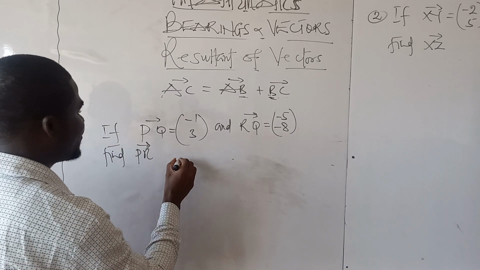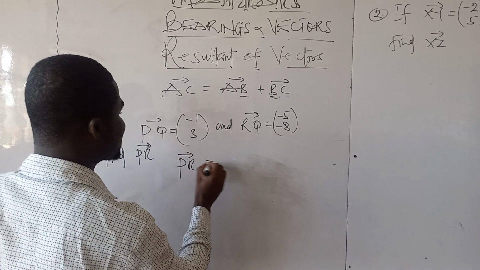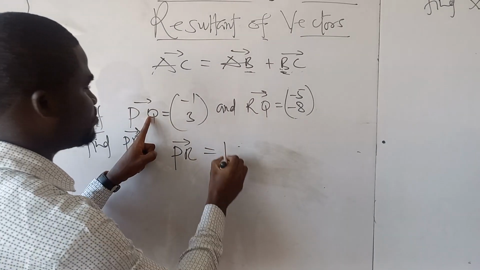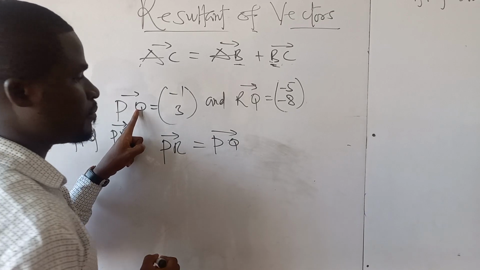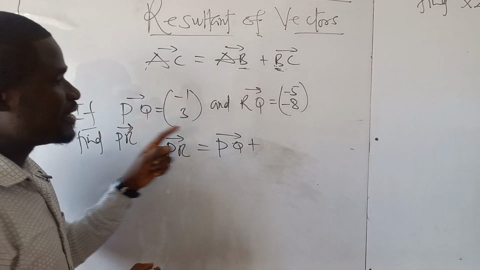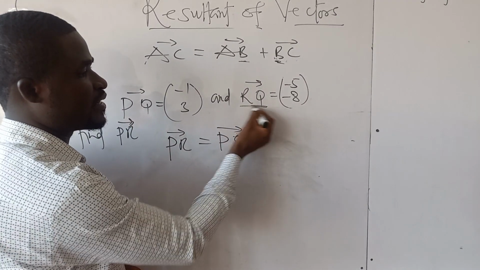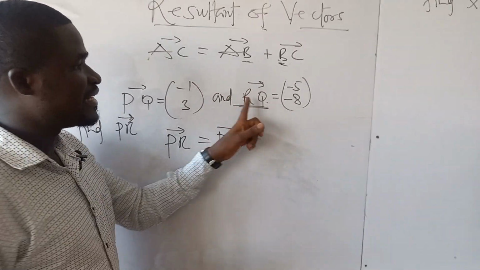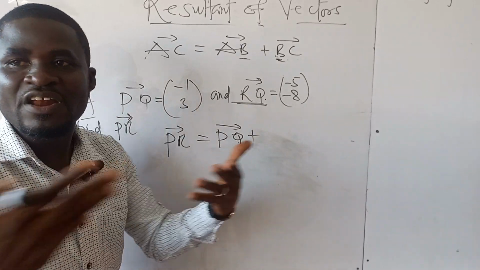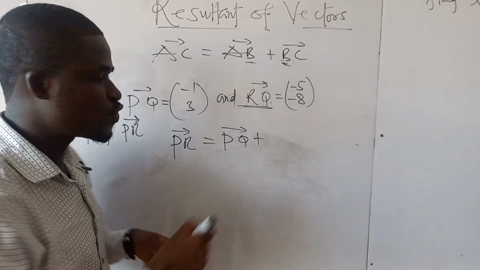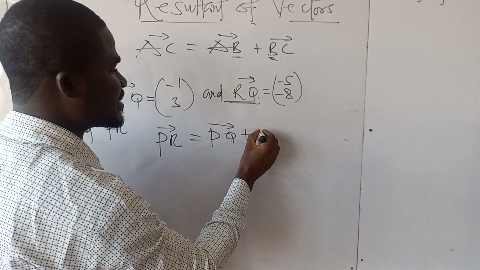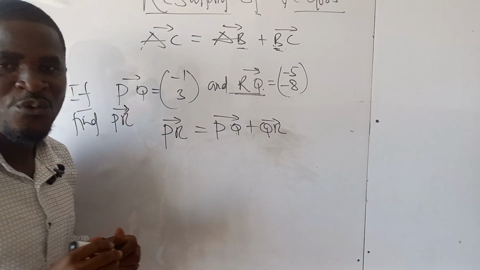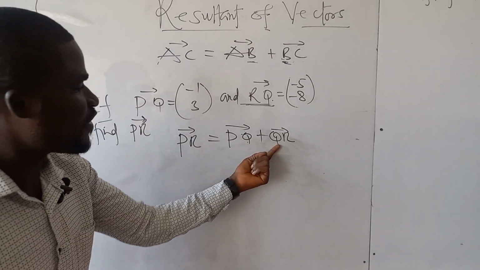So we are saying that vector PR is equal to vector PQ plus, now look at this one, we have RQ, but we have Q here. It means that this Q should come first so that the inner variables will be the same. So instead of RQ, I'll make it vector QR. That's all. So the inner variables are the same.